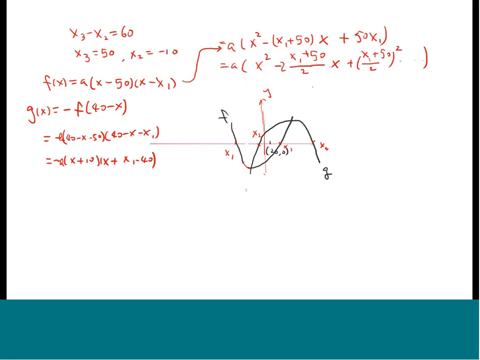Anyway, the key here is to get a times (x minus (x1 plus 50) divided by 2) squared, then plus something. This is the key. The vertex here is, obviously, x1 plus 50 divided by 2, then something. We don't really calculate it yet, right? Okay. It's the vertex.